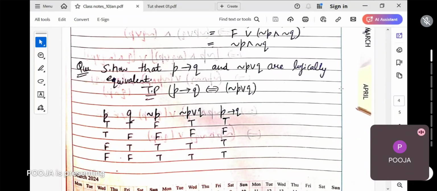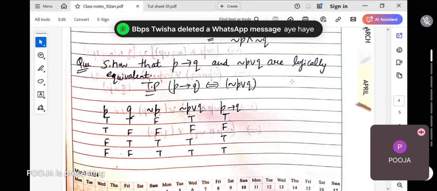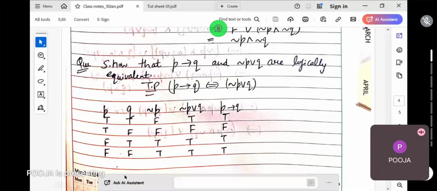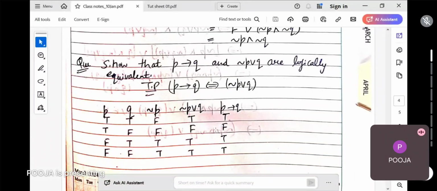here it is the case: P implies Q, and negation P disjunction with Q. I have to show whether these are logically equivalent or not. So what we have done is these are the P and Q and negation P values. Then negation P disjunction Q gives true, false, true, true, and P implies Q is also the same thing.